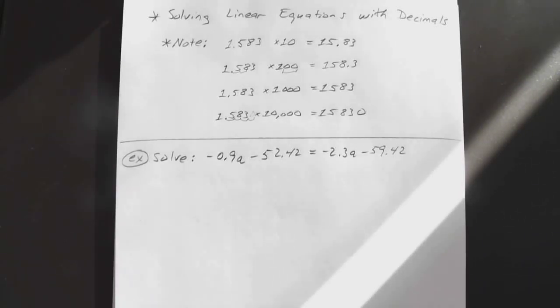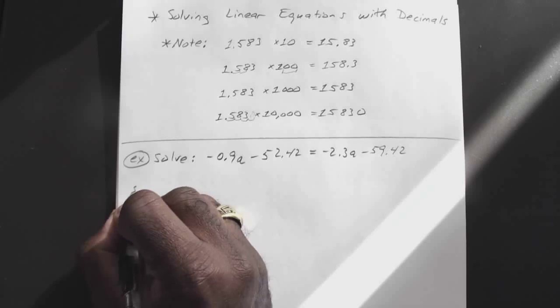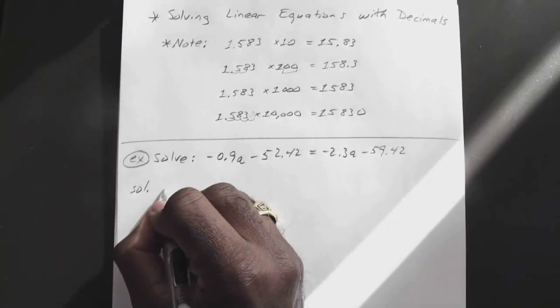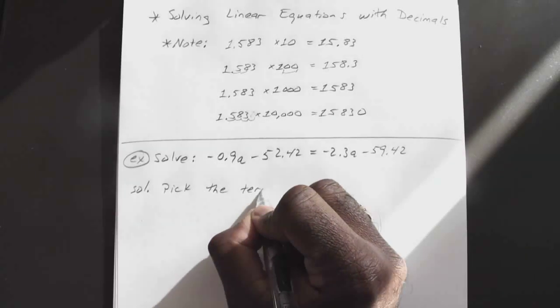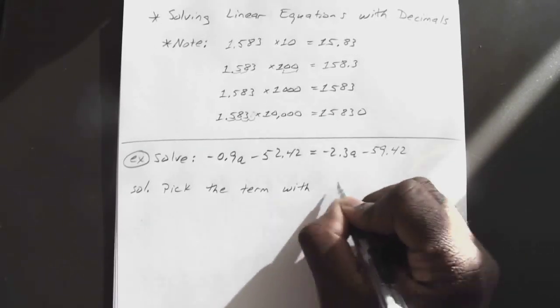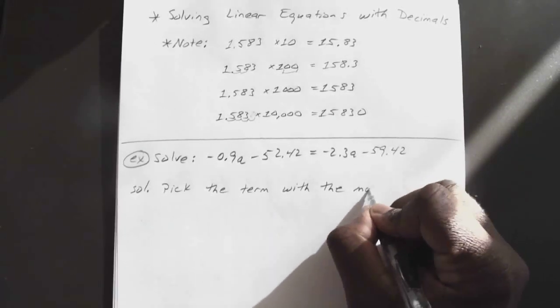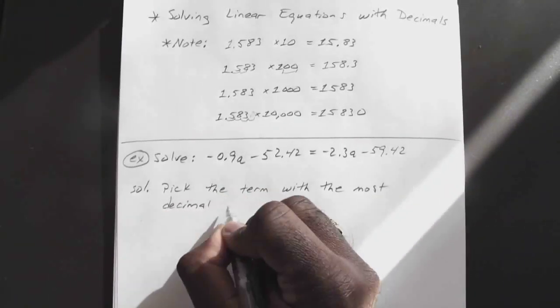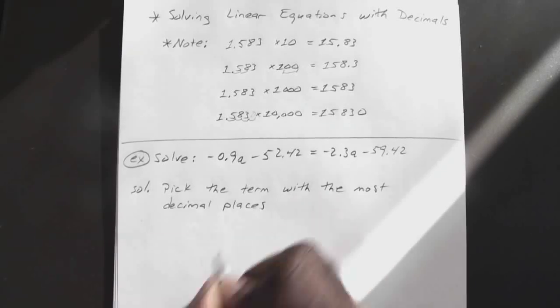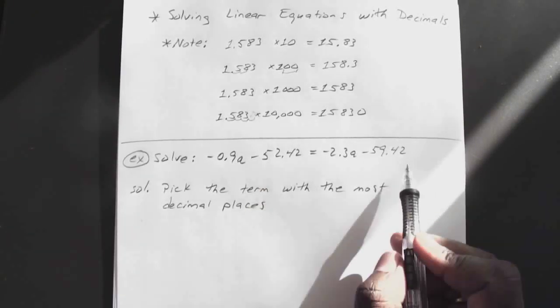So the first thing you want to do, you want to pick the term with the most decimal places. Okay, so these two have 2 decimal places.